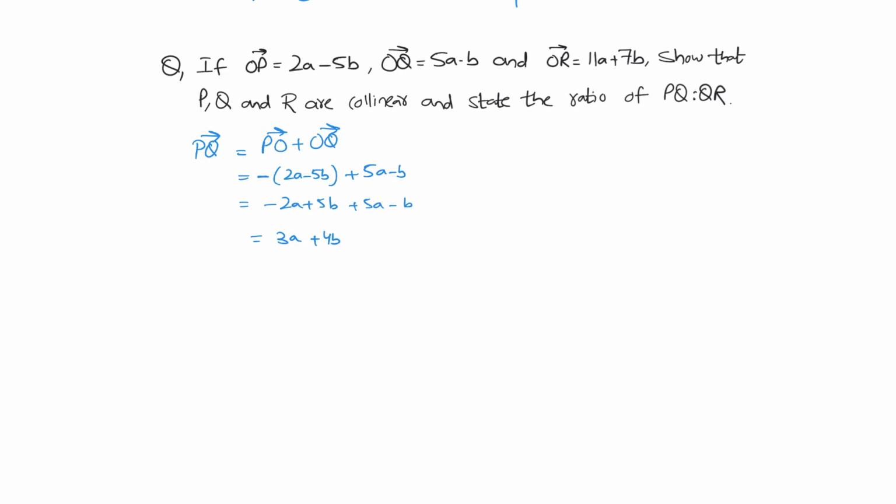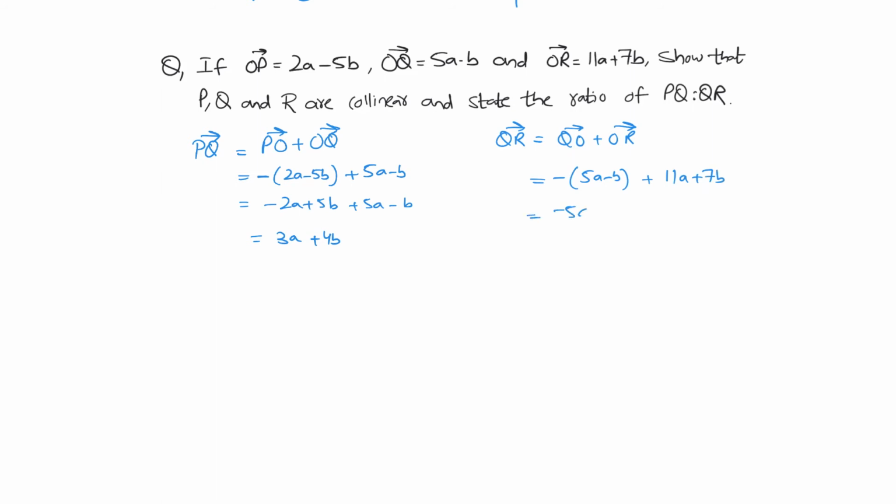Then we can find QR, and the QR vector is going to be QO plus OR. QO is going to be the negative of OQ, that is negative of 5A minus B, and OR is given to you as 11A plus 7B.